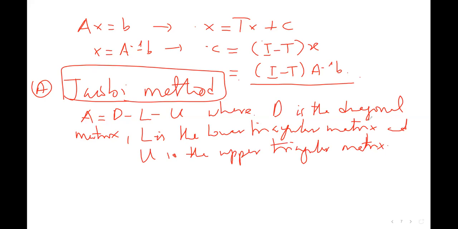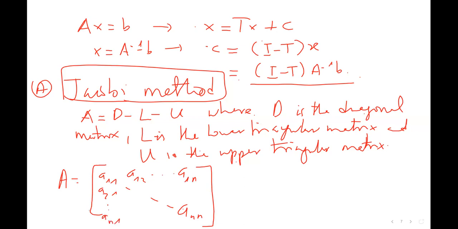If you do that, then your system, basically A11 up to A1N, split D, which is A11, A22 up to ANN.